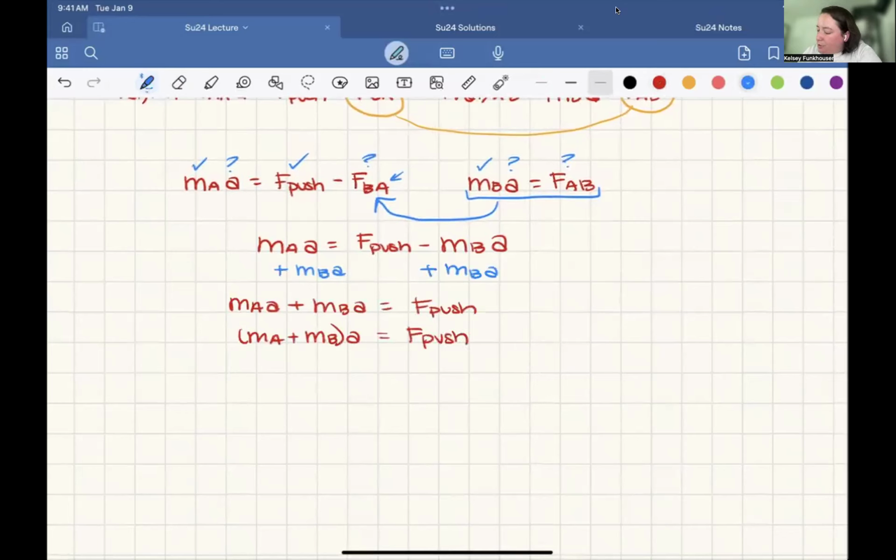Cool. And then we will just divide mass A and mass B from both sides, so we get that acceleration by itself.